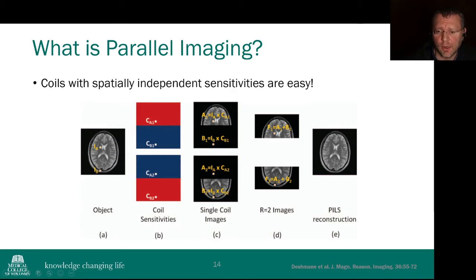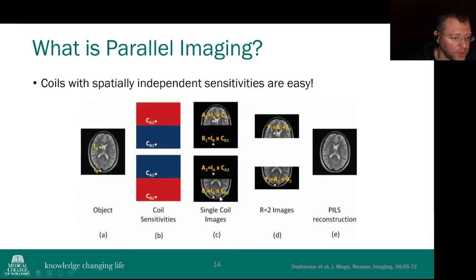Now, if you look at it from that perspective, you can actually start creating a series of linear equations. This aliased, quote-unquote, image that we're getting here from the front coil is that coil sensitivity, in this case 1, times the underlying image at that location A, plus the coil sensitivity at location B, which is 0, multiplied by the image intensity at that location B. Alternatively, with this back coil, it's 1 in the back of the head.